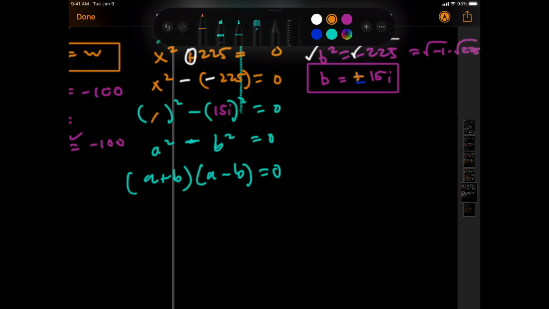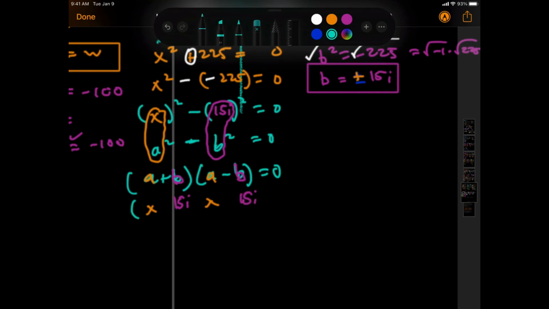That one becomes x squared. So that means every a value is equal to x, every b value is going to be 15i.